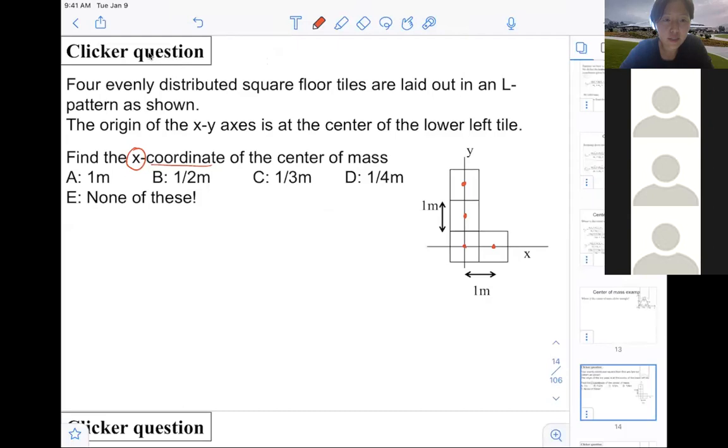What are your thoughts? Let's have a discussion. What are your thoughts to this question? How do we find the X coordinate of the center of mass?